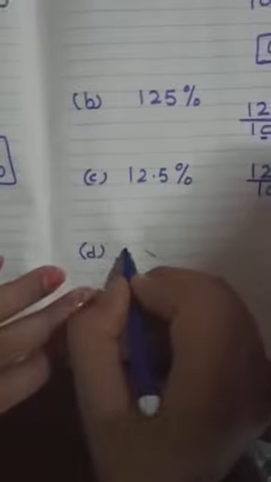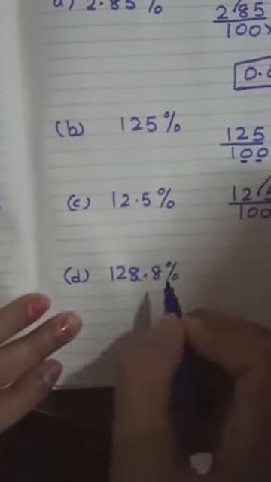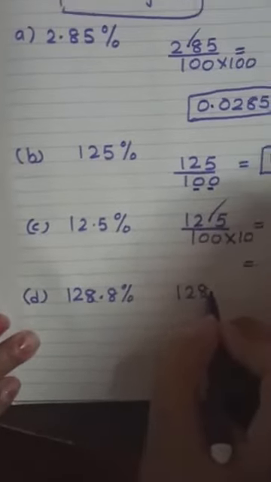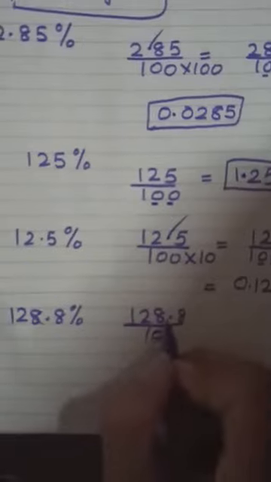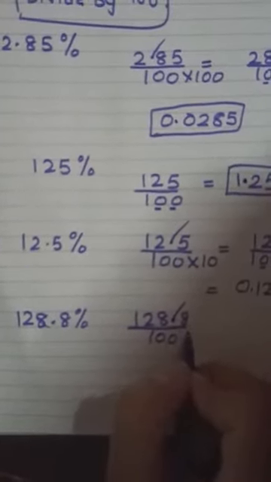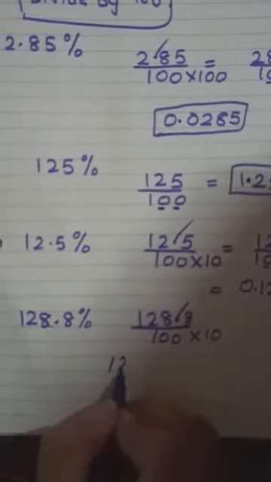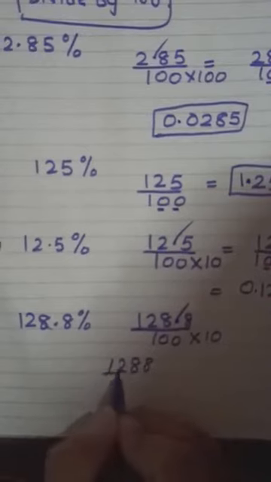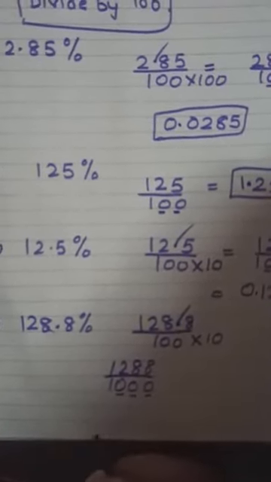Let's take another example. D part. This is 128.8%. So this becomes 128.8 upon 100. So you will remove the decimal. Now after decimal, one digit is there. So in the denominator, one extra 10 will come. This is 1288 upon 1000. Now how many zeros are here? 3 zeros.